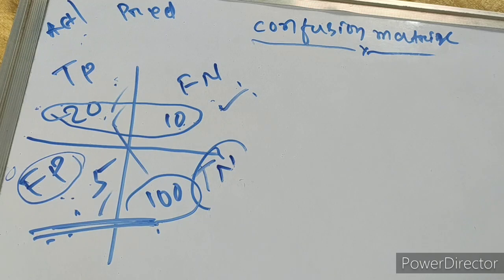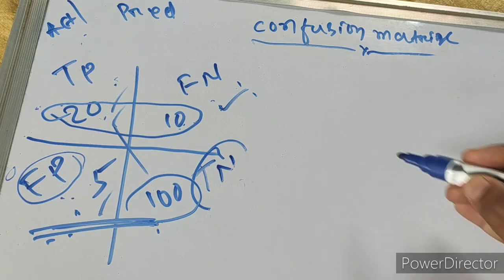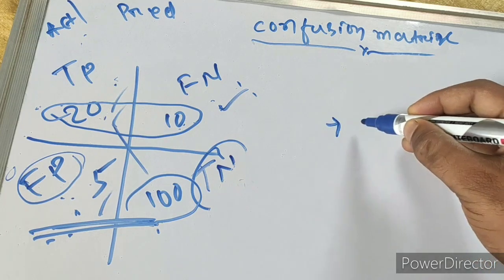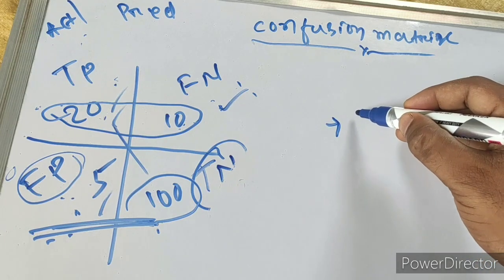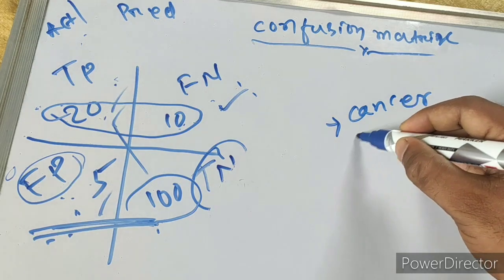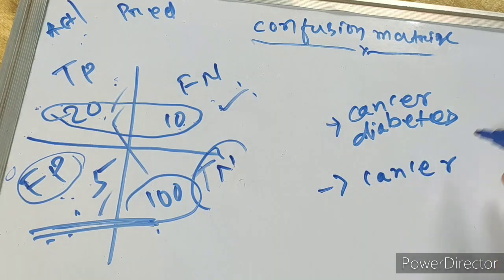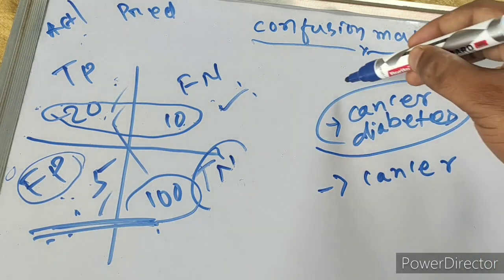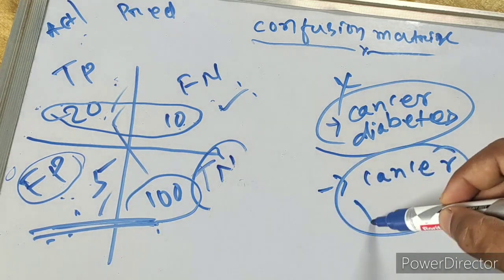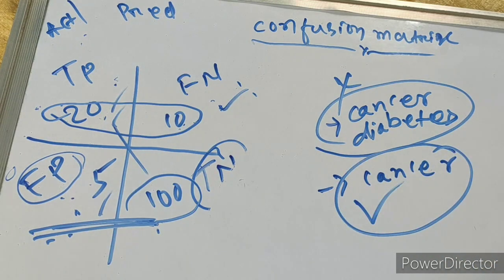So what can it cause when a person is diagnosed and found that he does not have cancer or diabetes, but actually the person has cancer? So it can take the life of that patient.